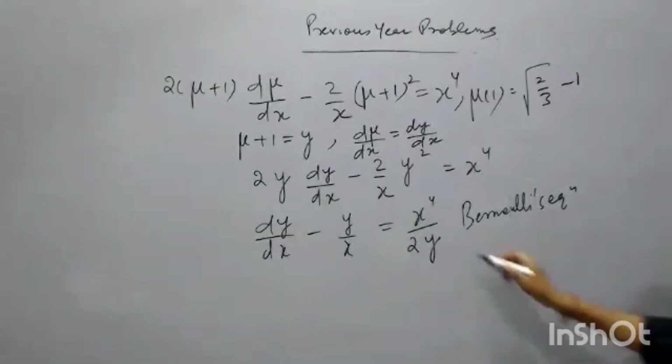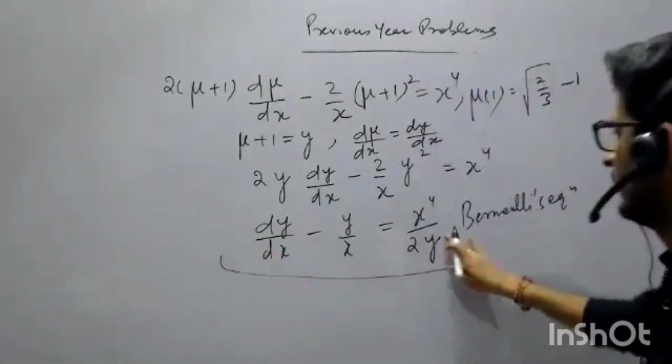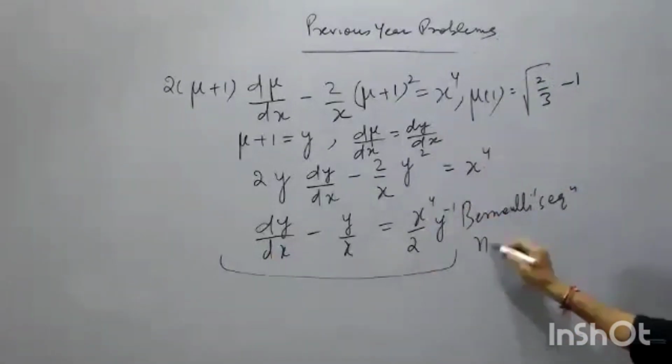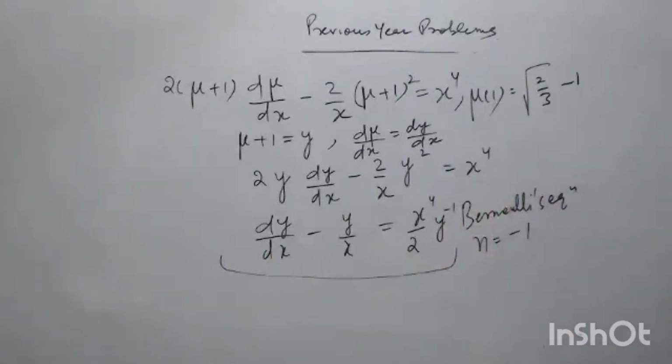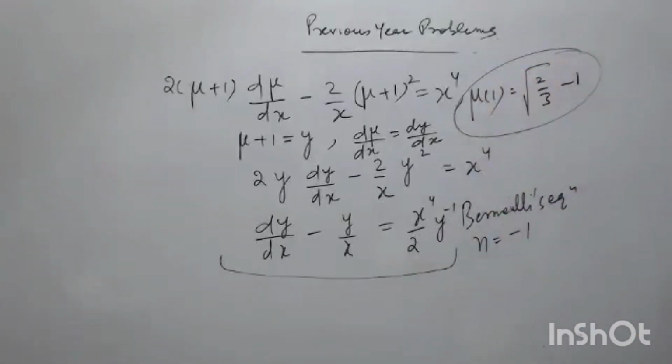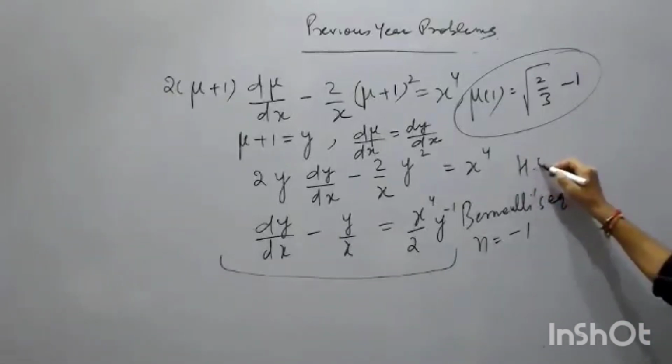After this, write y as this, the value of n is -1, and then you can proceed and find the solution, and finally apply the boundary condition to get the value of the constant. So this will be your homework.